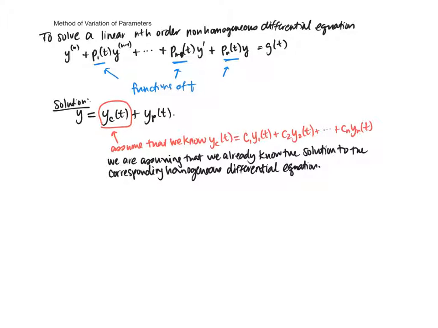What do we mean by that? The corresponding homogeneous differential equation is the same on the left-hand side of the original differential equation, but the g of t is 0. Okay, so that's the corresponding homogeneous differential equation. So we're assuming that we already know the solution to that. Now that's a huge assumption. So I'll just say in parentheses, this is a big assumption.